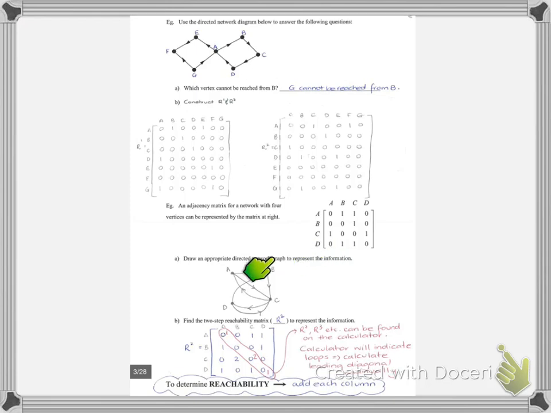So what's the best way to do that? Well, you can see the diagram's been done here, but let's say I hadn't already done it. What I would do is start by just marking in 4 vertices, because I need 4 vertices, A, B, C and D. And you just spread them out perhaps into a square.